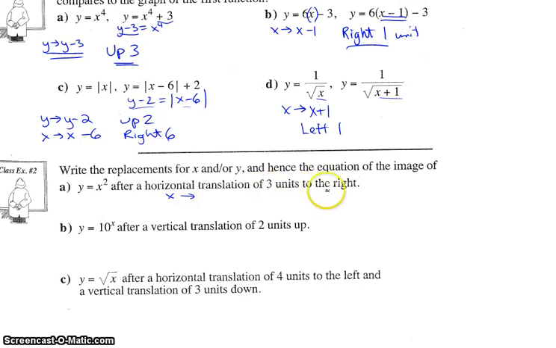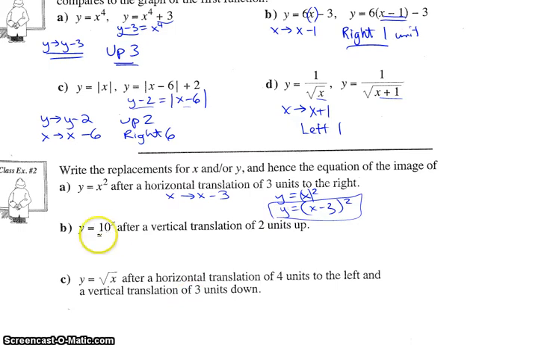With 3 units to the right, that would be x minus 3. Now what we're doing is taking our original equation, scooping x out, and replacing it with x minus 3. And there we go, that would be our answer.